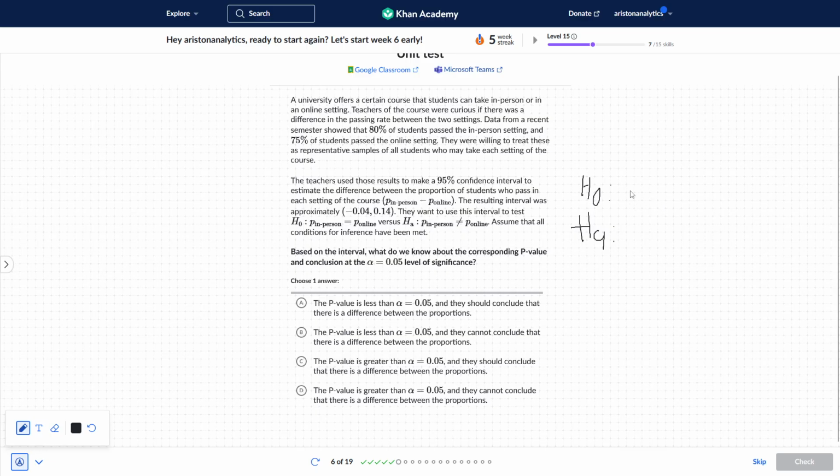So P equals 0, P not equals 0, where P is the difference.